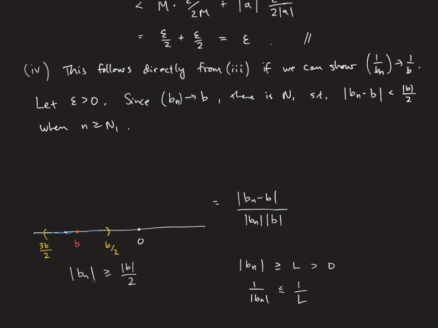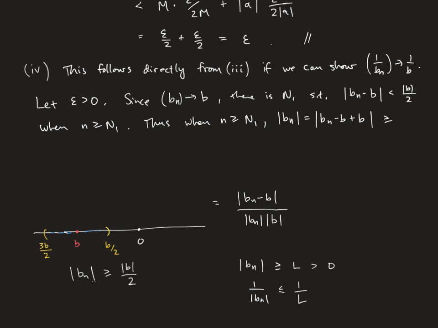So then, thus, when n is bigger than or equal to n1, we're just going to use a triangle inequality trick. So the bn's in absolute value, we're just rewriting bn as bn minus b plus b. And here we need a lower bound, right? So we need a bigger than or equal to here.